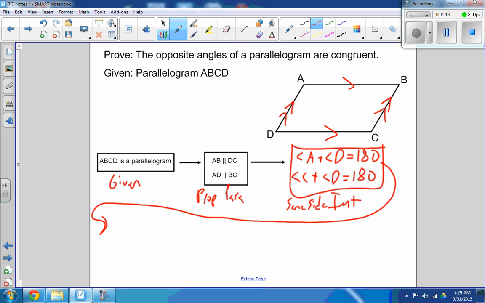Now what we can do is we can do a little bit of math. Subtract D on both of those to the other side, and we end up with angle A is 180 minus angle D. Angle C is 180 minus angle D. That's just subtraction.